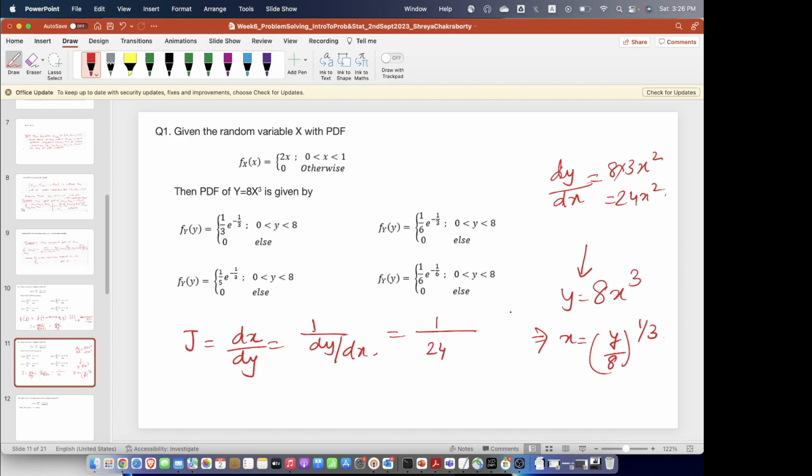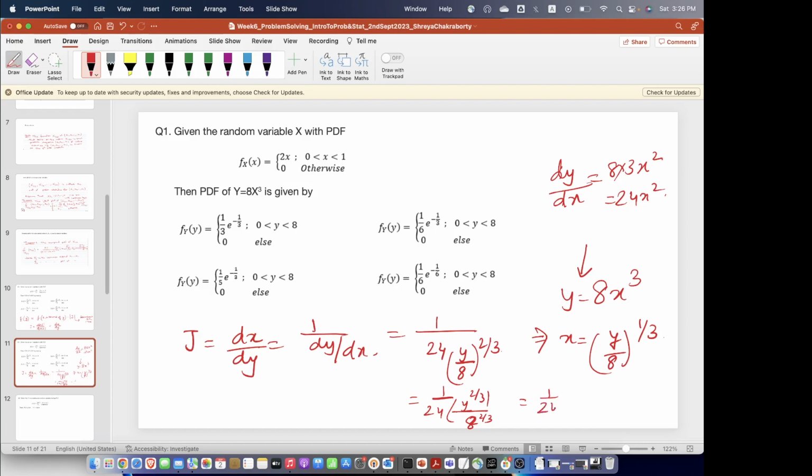So 1 by dy by dx is 1 by 24 and x is (y by 8) to the power 1 by 3, so we'll have (y by 8) to the power 2 by 3. So this is 1 by 24 into y to the power 2 by 3 by 8 to the power 2 by 3. 8 can be written as 2 cube, this 3 cancels, then 2 square is 4.